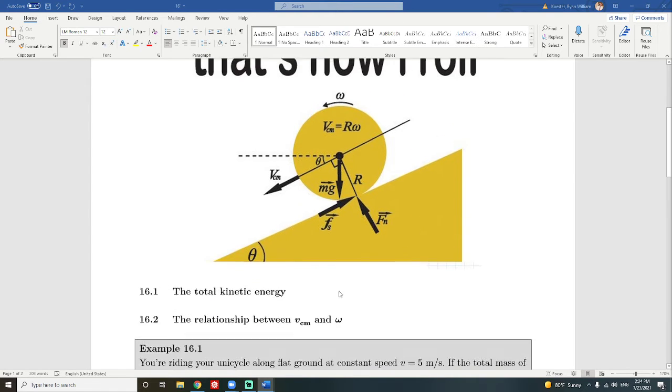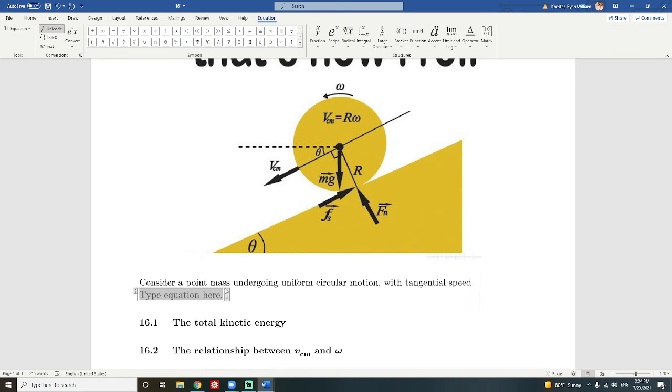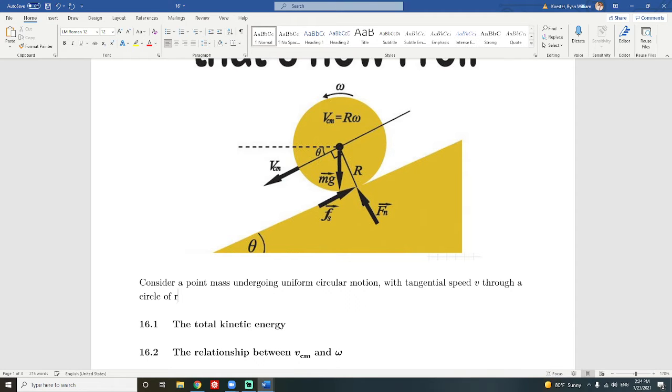So let's begin with a little thought experiment, I guess. I don't really know if it's a thought experiment, but that's what I'm going to call it. What I want you to do is consider a point mass undergoing uniform circular motion with tangential speed v through a circle of radius r.